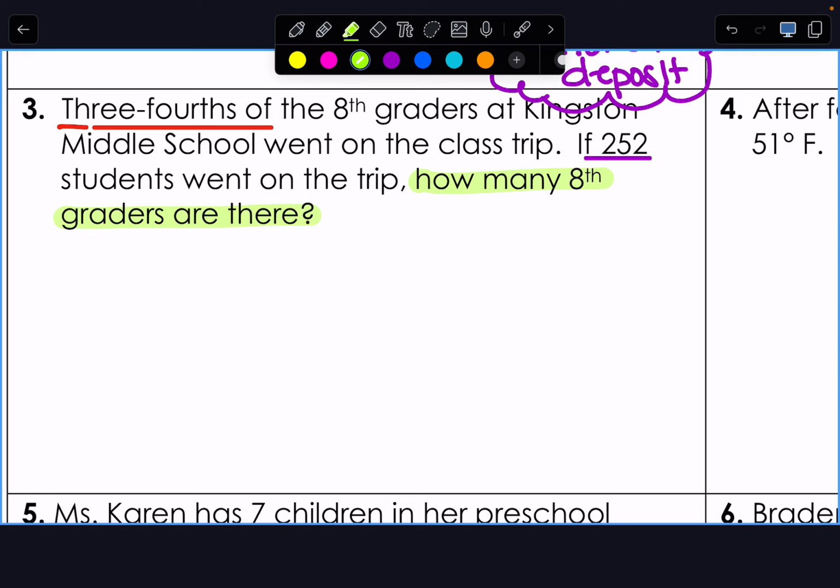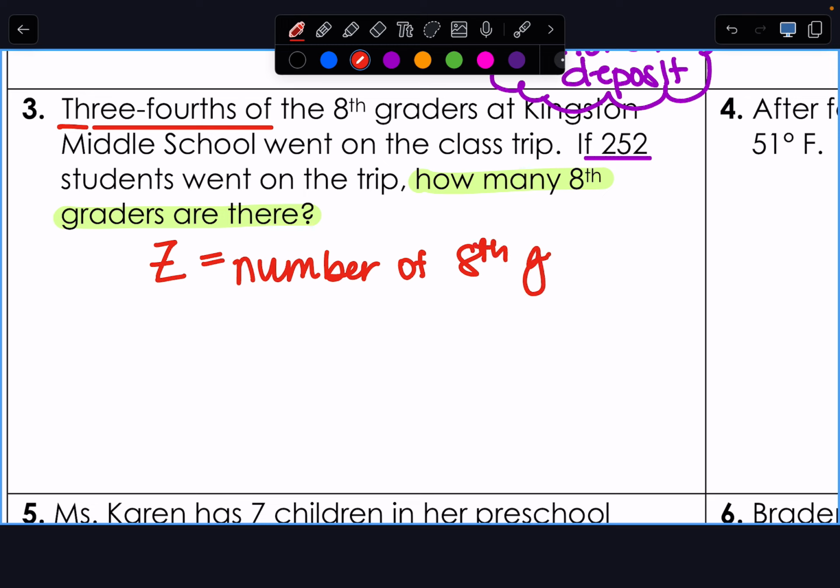Landon, what do you want our variable to be? Z equals number of 8th graders. Now, three-fourths of the 8th graders go on a trip.